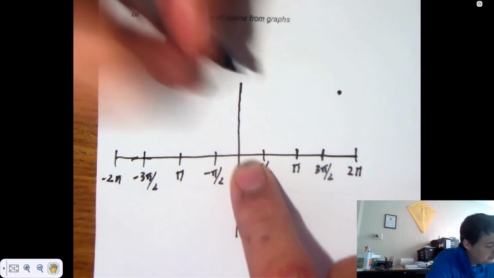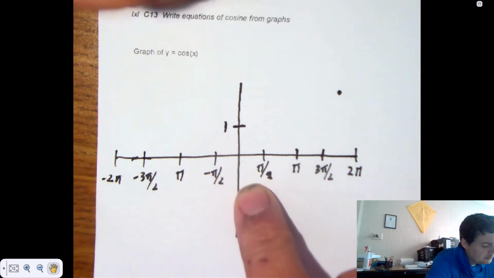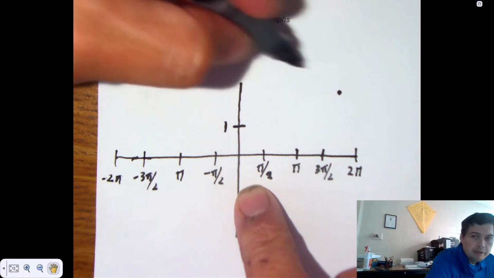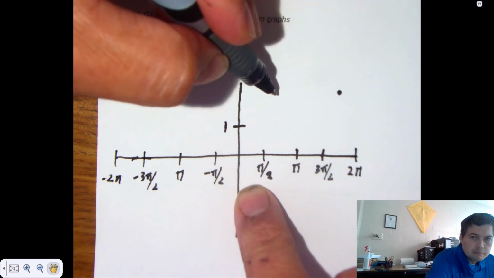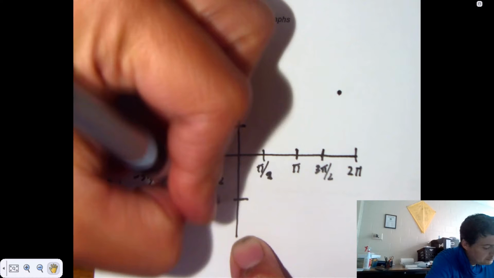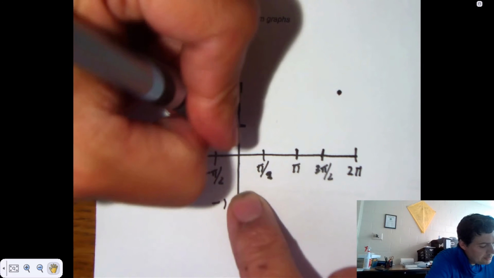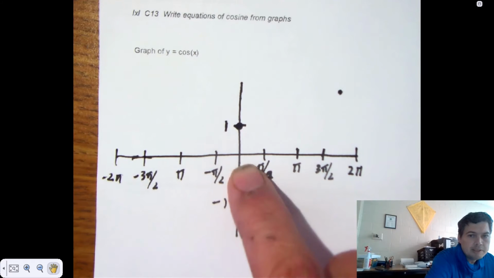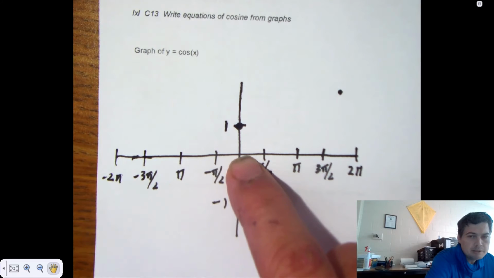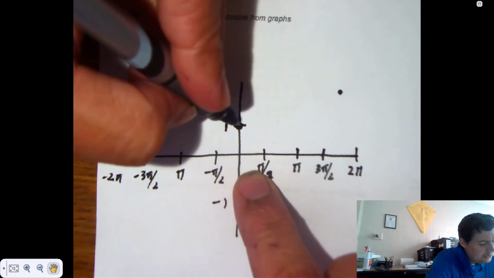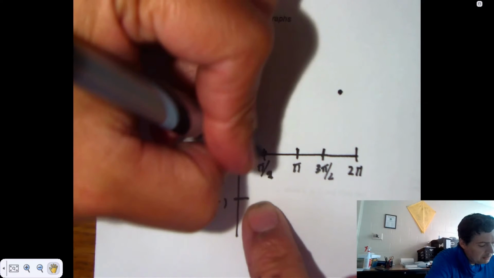Cosine of 0 is 1. When you're over here on the unit circle, the x value is -1. So at 0, cosine actually starts up high. Remember, sine started right at the origin because the sine of 0 was 0. And if you're as high as you get, you have no choice but to start falling.